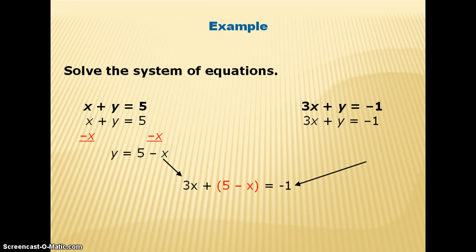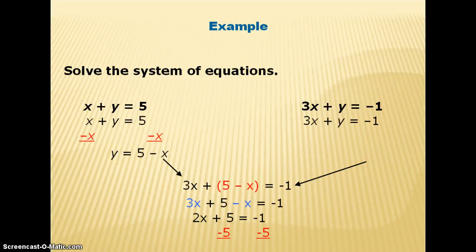We start with this in parentheses because if that was a minus instead of a plus after the 3x, we would have to distribute the negative through. So just to make sure we do things accurately, we always start with it in parentheses. Since there is no negative there, it's just 3x plus 5 minus x equals negative 1. Combine the 3x minus 1x for 2x plus 5 equals negative 1.